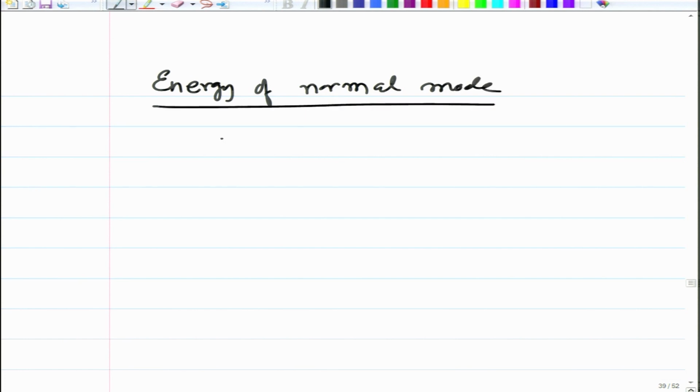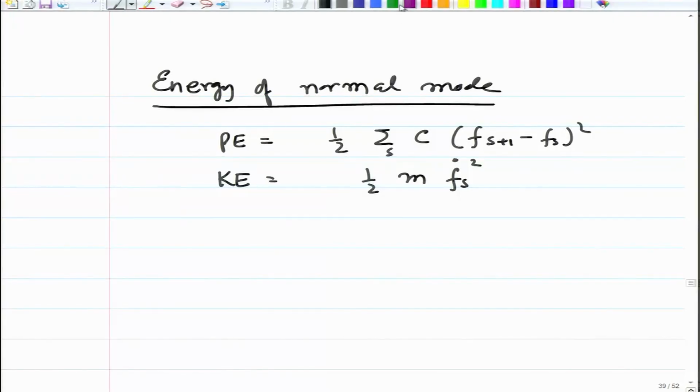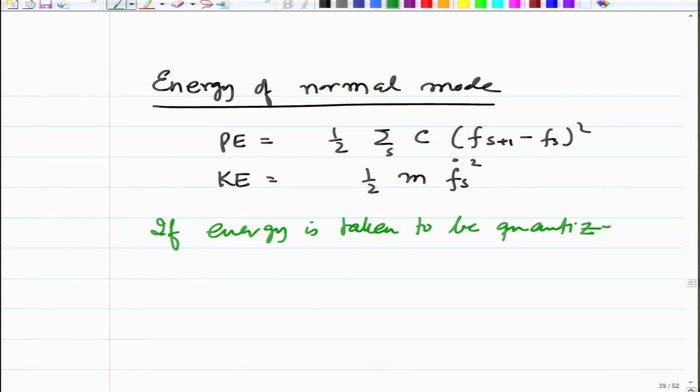So, energy of normal mode. I wrote earlier that PE is equal to 1/2 summation over s of C (f_(s+1) minus f_s) squared, and KE is 1/2 m f_s dot squared. But it was explained long ago in the context of specific heat of solids by Einstein that you can explain specific heat only if energy is taken to be quantized.